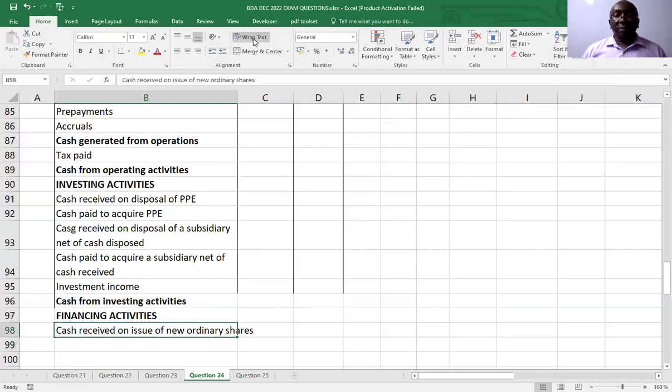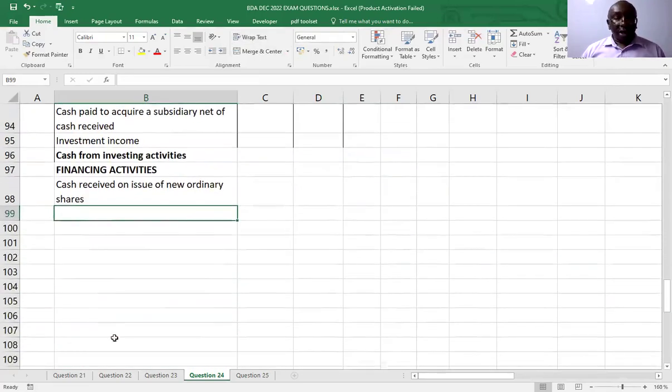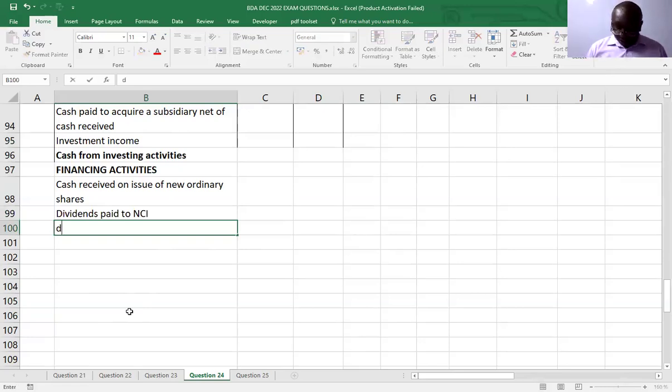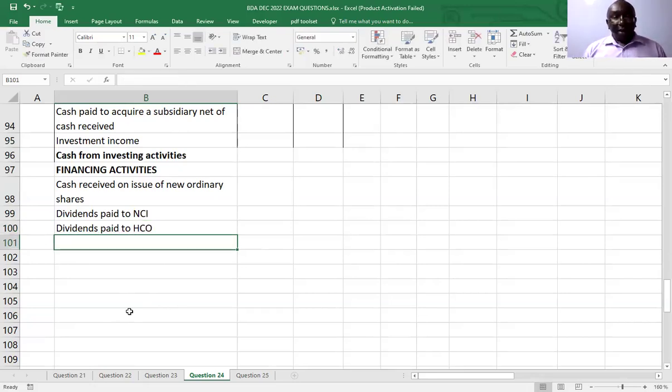So even this one I can wrap. The next one is dividends paid to NCI, the non-controlling interest. You could also have dividends paid to the holding company. Then we have the finance cost paid.